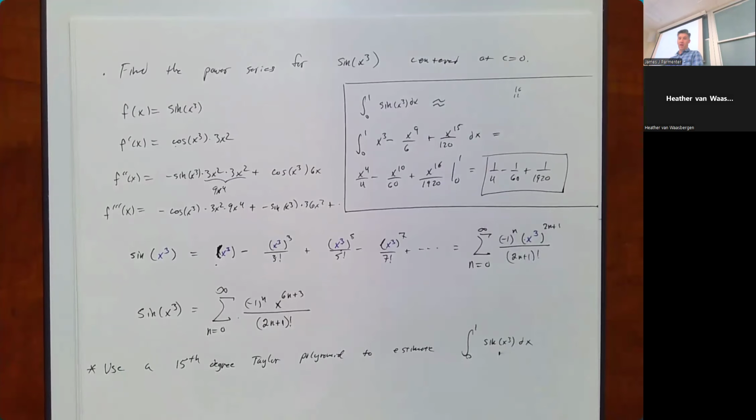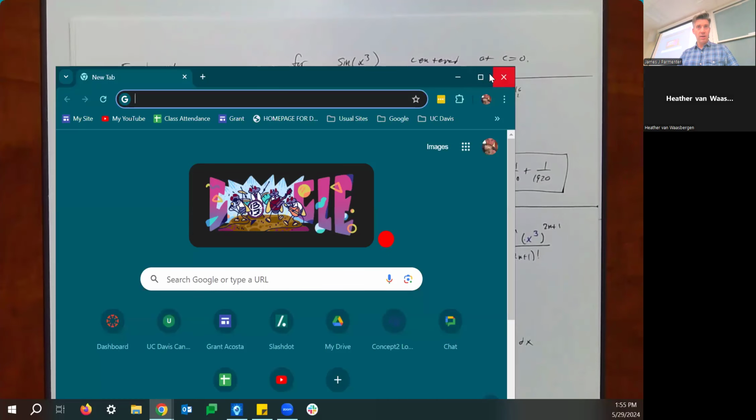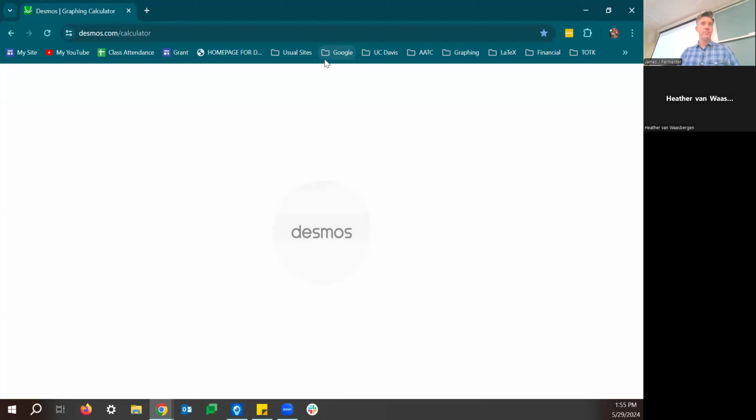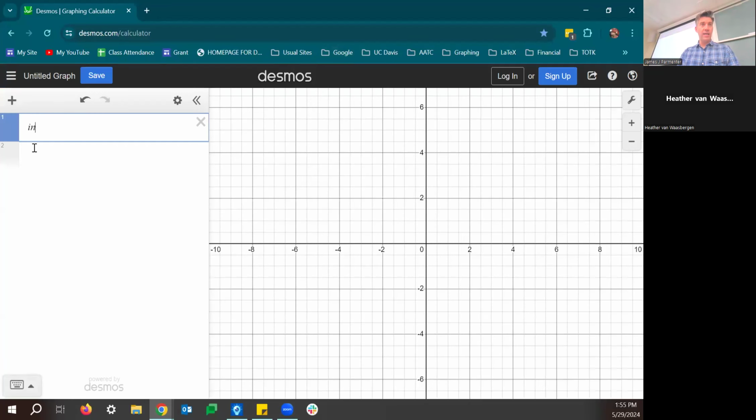I don't have a calculator on me, but it's probably a pretty decent approximation of the integral of sine of x cubed. I think Desmos will tell us what it is. If we pull up Desmos, we can do an integral by typing int, and then put in the limits of integration, 0 and 1, and then sine of x to the 3rd.